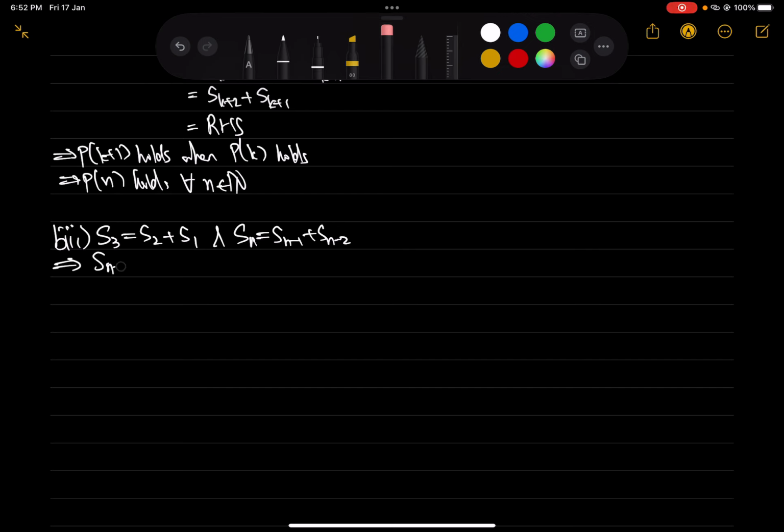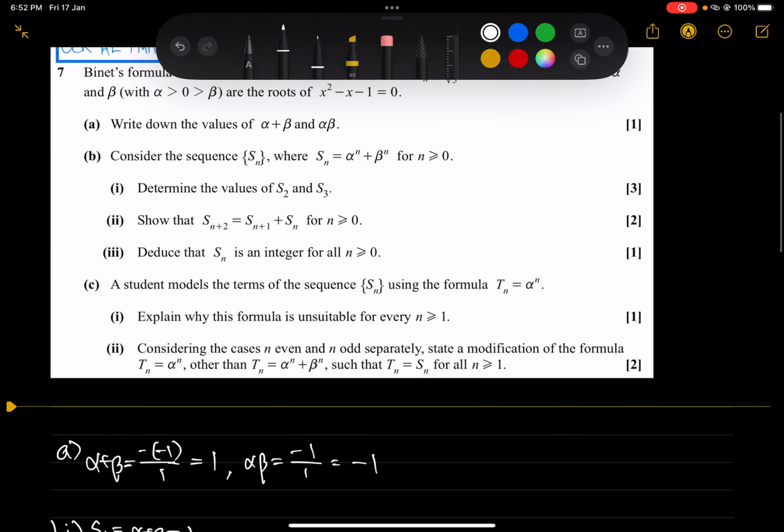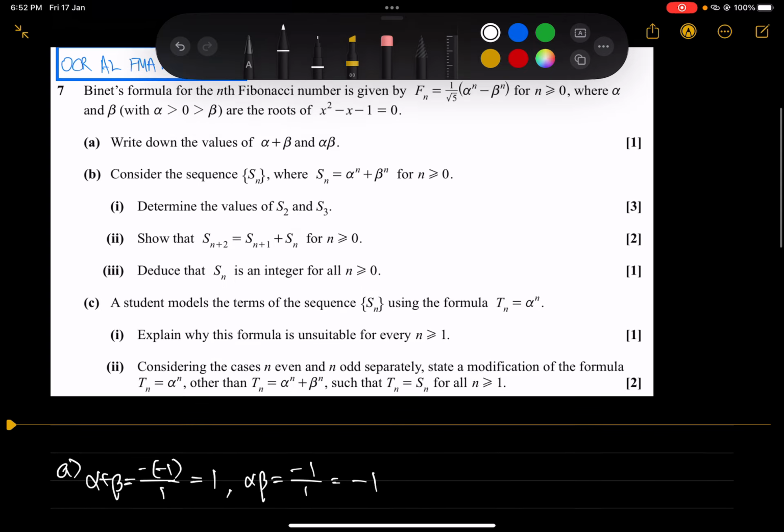Which implies you could see that Sn is equal to lambda S2 plus mu S1 for lambda and mu belonging to the integers, which implies Sn also belongs to the integers. And yeah, that's it for part B3.